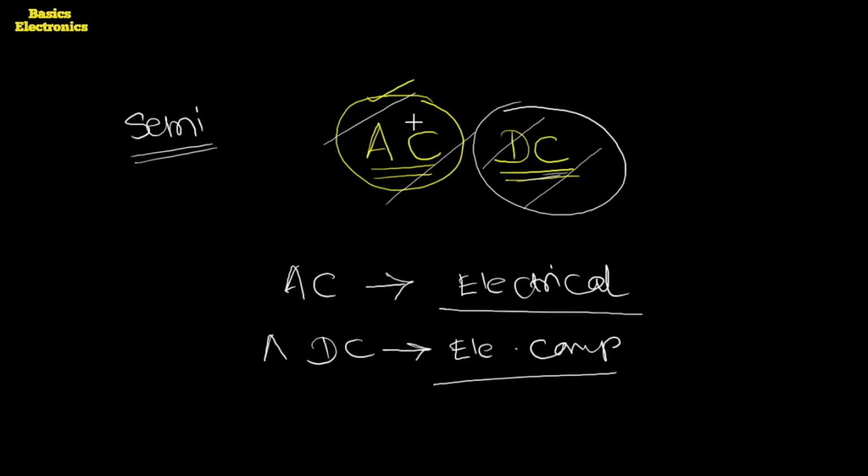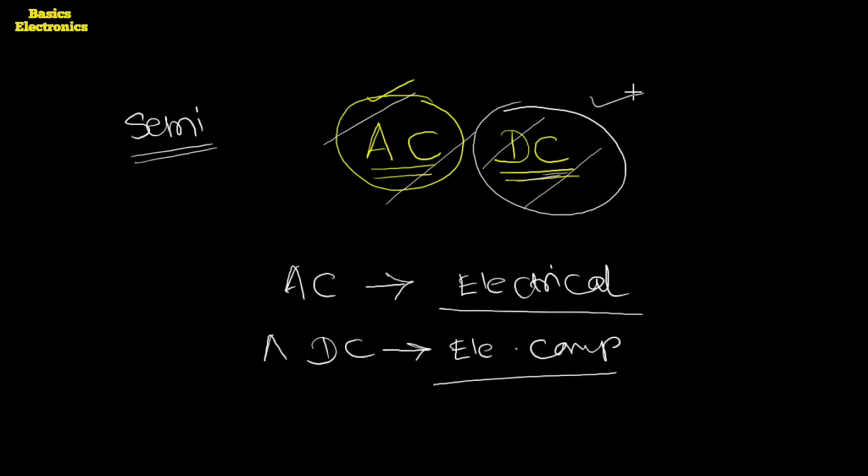Also, AC is not one direction; the direction of AC alternates and changes. So that's why we need to use direct current, DC, for the operation of all electronic circuits and electronic equipment.